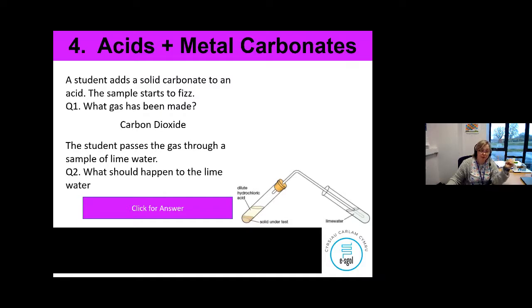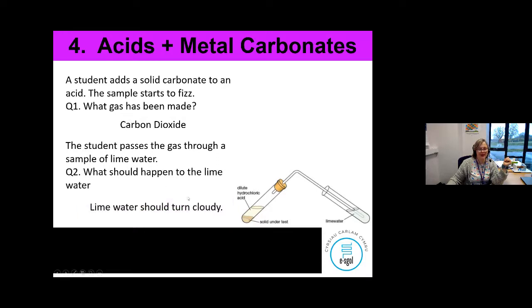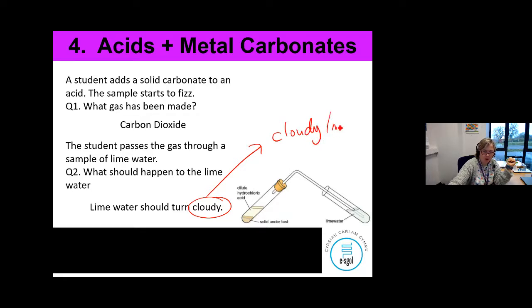As I told you earlier, the identification step for carbon dioxide production is lime water, and the lime water turns cloudy. Now this, I'm not sure whether you're familiar with, and your teachers told you, there are only 2 allowed words. You're only allowed to call it cloudy or milky.